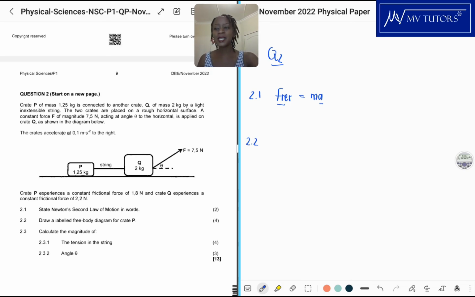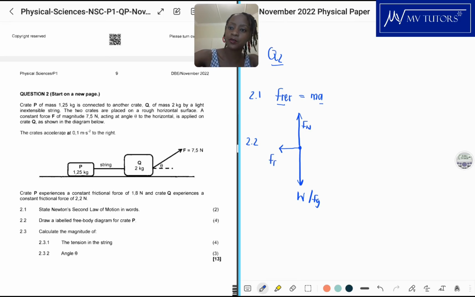2.2 says draw a labeled free body diagram for crate P. Firstly we have the weight of P, or you could say force of gravity, either will be fine. And then there's also the normal force. And then remember this friction that is opposing the motion.